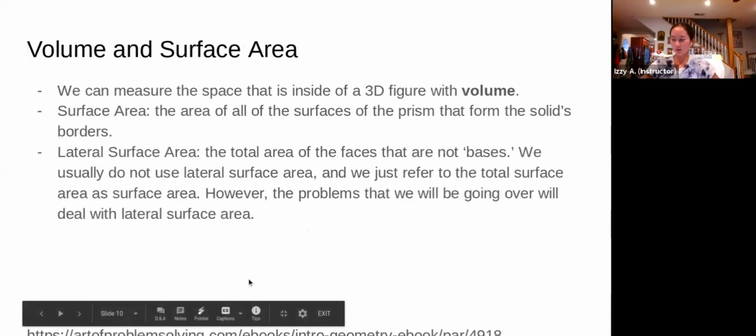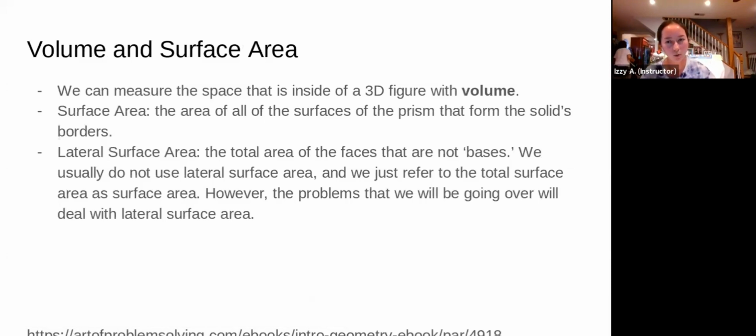Okay, so next we're going to talk about volume and surface area. We can measure the space inside of a 3D figure with volume. The surface area is the area of all the surfaces of the prism that form the solid's borders. The lateral surface area is the total area of the faces that are not bases. We usually do not use lateral surface area, and we just refer to the total surface area as surface area.